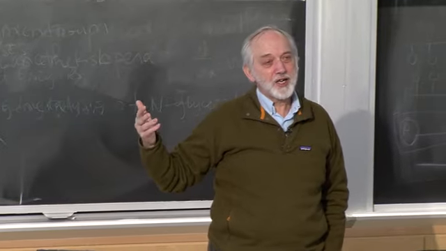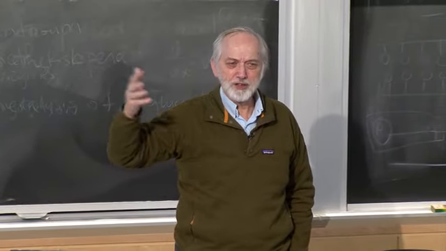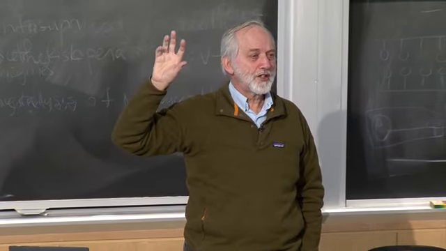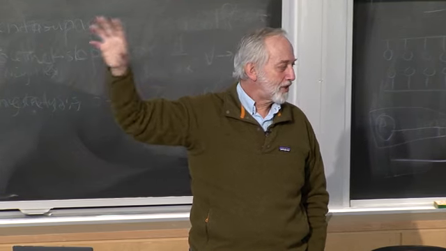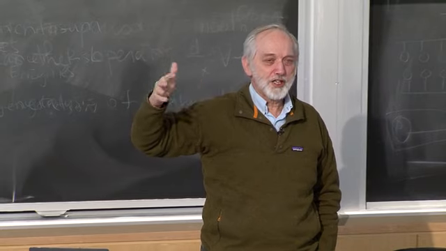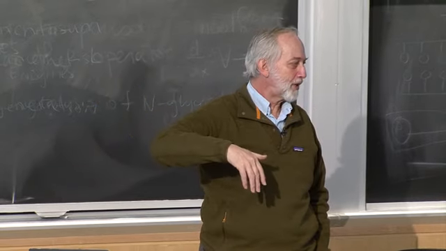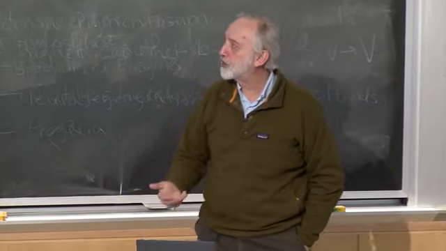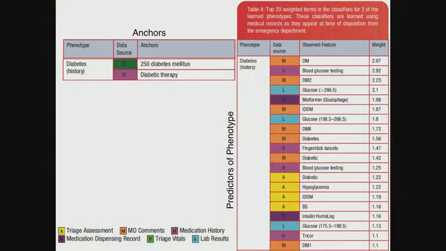They in fact were estimating not only these 8 phenotypes, but 40 something, I don't remember the exact number, much larger number, but they didn't have validated data against which to test the others. But the expectation is that if it does well on these, it probably does well on the others as well. So this was a very nice idea, and just to illustrate, if you start with something like diabetes as a phenotype, and you say, well, I'm going to look for anchors that are a code 250 diabetes mellitus, or I'm going to look at medication history for diabetic therapy.